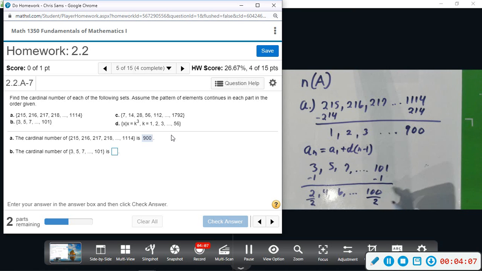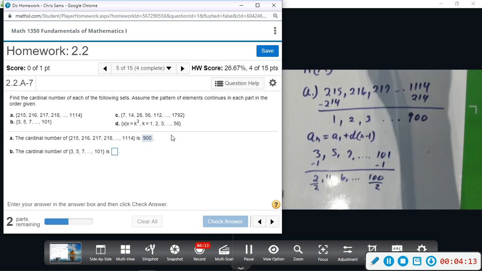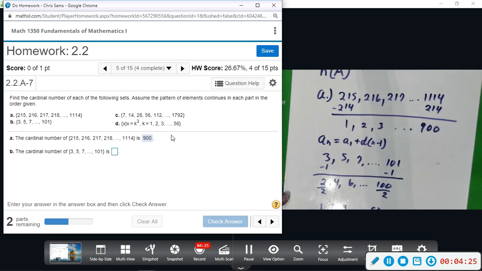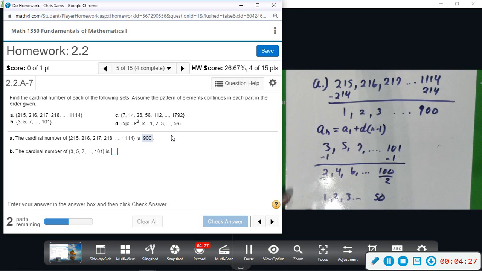So that's what you need to think about, but it's mainly the last term. If you divide everything by 2, you'll get 1, 2, 3, dot dot dot, up to 100 divided by 2, which is 50. Okay, so there's no particular set of rules I'm following.